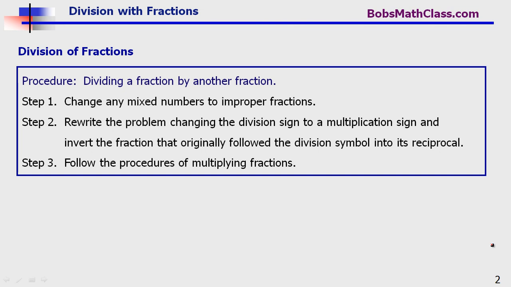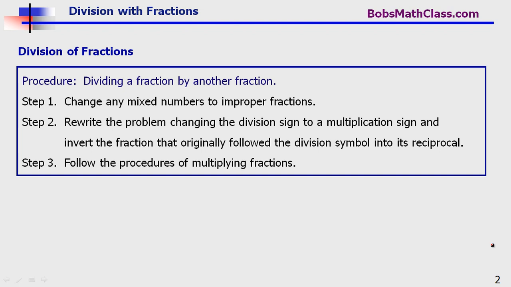Okay, division. Now here's our procedure for dividing a fraction by another fraction. Step 1: change any mixed numbers to improper fractions. Step 2: rewrite the problem, changing the division sign to a multiplication sign, and invert the fraction that originally followed the division symbol into its reciprocal.